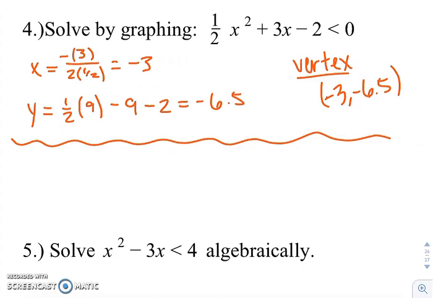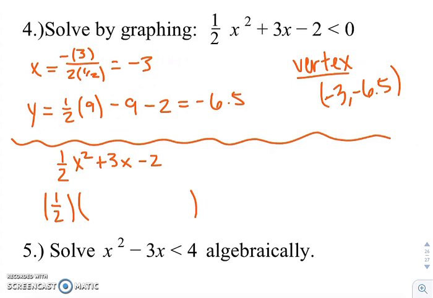But we want to find our x-intercepts, and it's not in intercept form and it's not factored. So I'm going to try to factor this. 1/2 x squared plus 3x minus 2. So I'm actually going to factor out that 1/2 because I don't want to try to factor something with a leading coefficient of 1/2. So if we divide out 1/2, dividing by 1/2 is really like multiplying by 2.